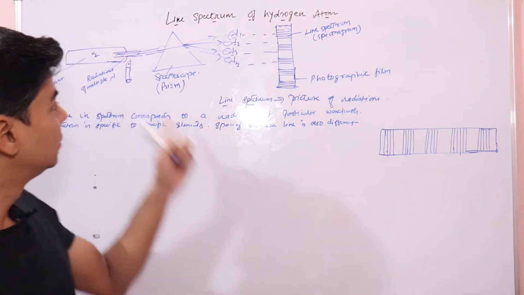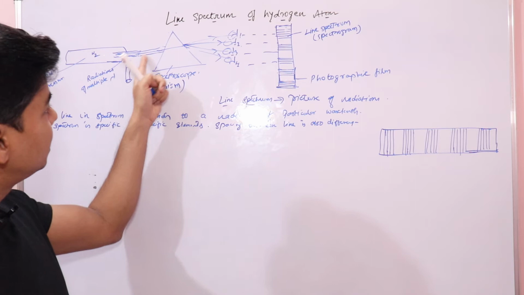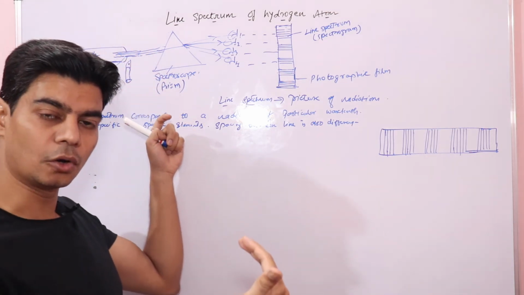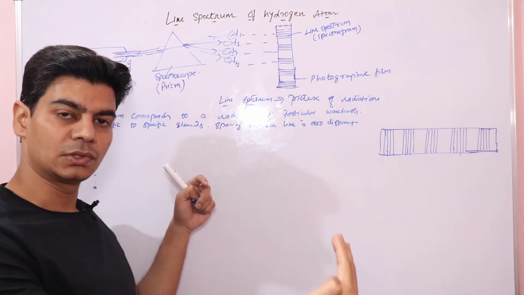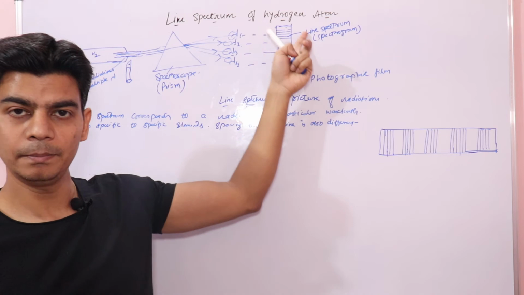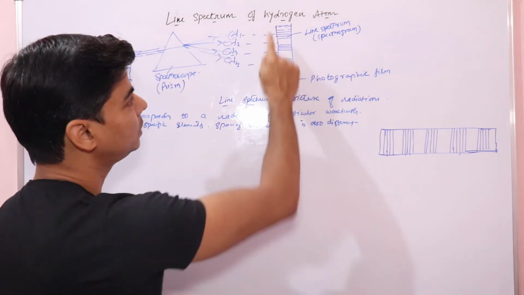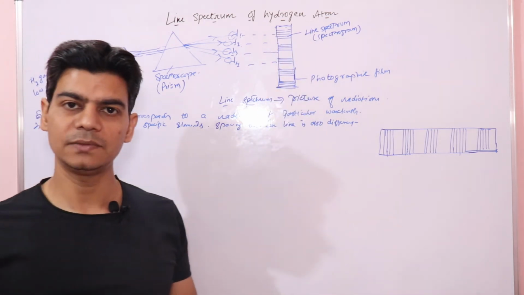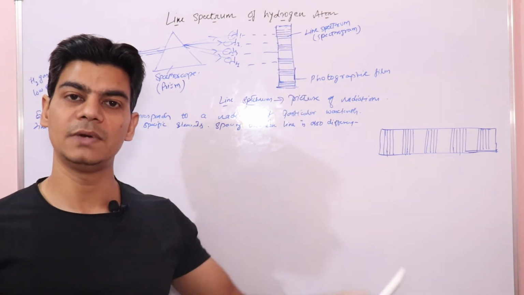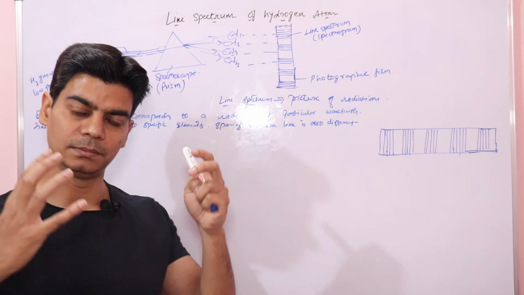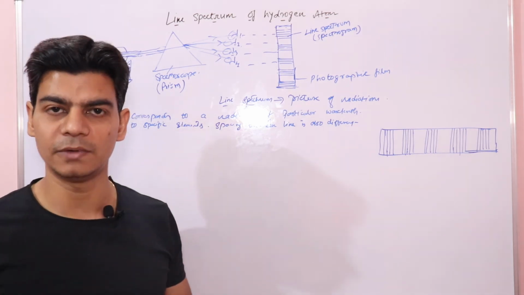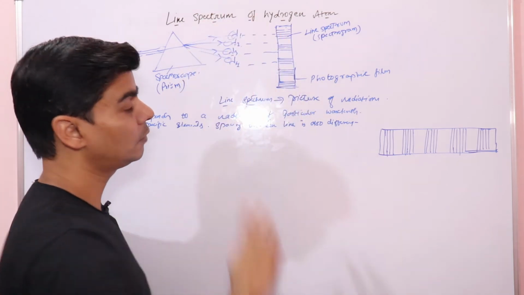When these radiations, which result from electrons coming back to their ground state, fall on this photographic film, every radiation forms a line. These lines are waves, or radiations, of different wavelengths that we see here in the form of a spectrum.